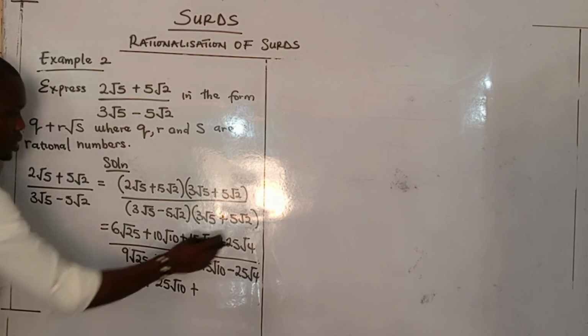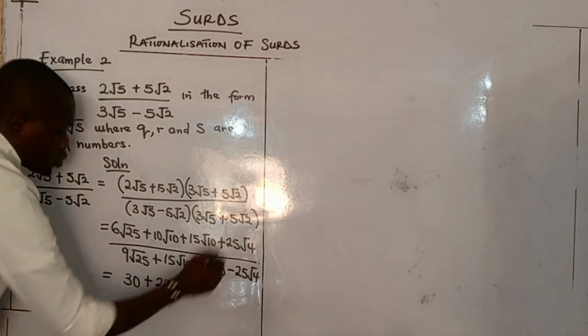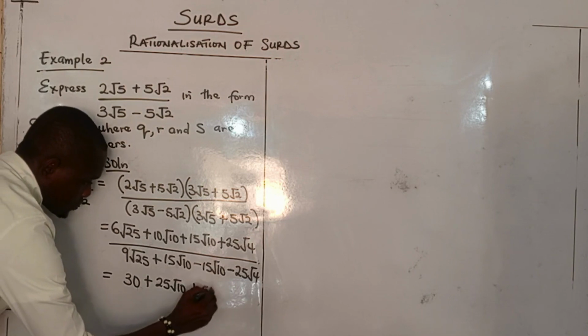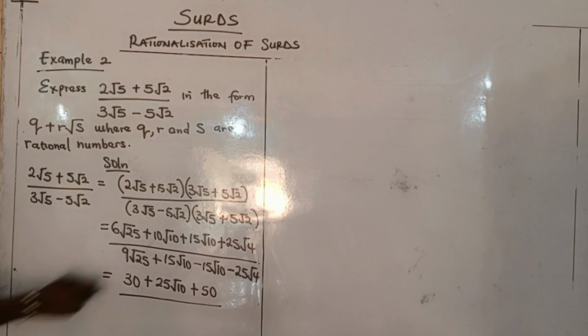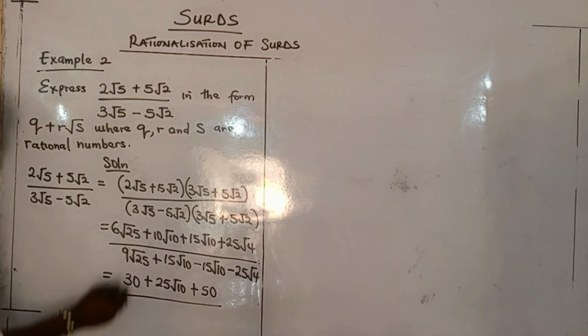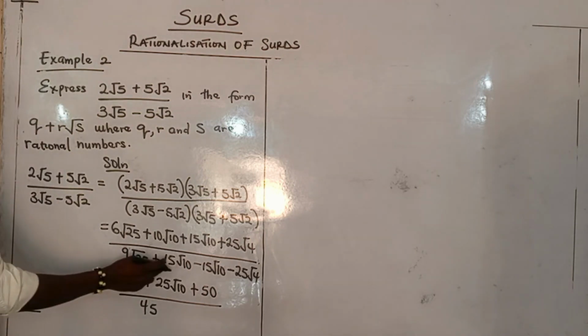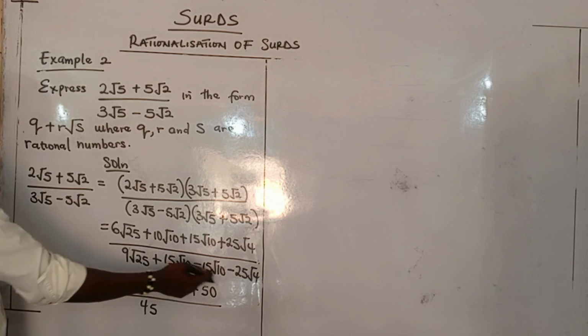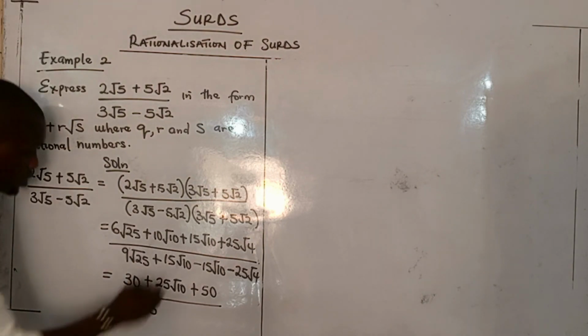Then plus the square root of 4, which is 2. So 2 times 25 is what? 50. Then all over, square root of 25 here is 5. 9 times 5 is 45. Then plus 15√10 minus 15√10, because they are similar, so 15 minus 15 is 0. So that one is gone.